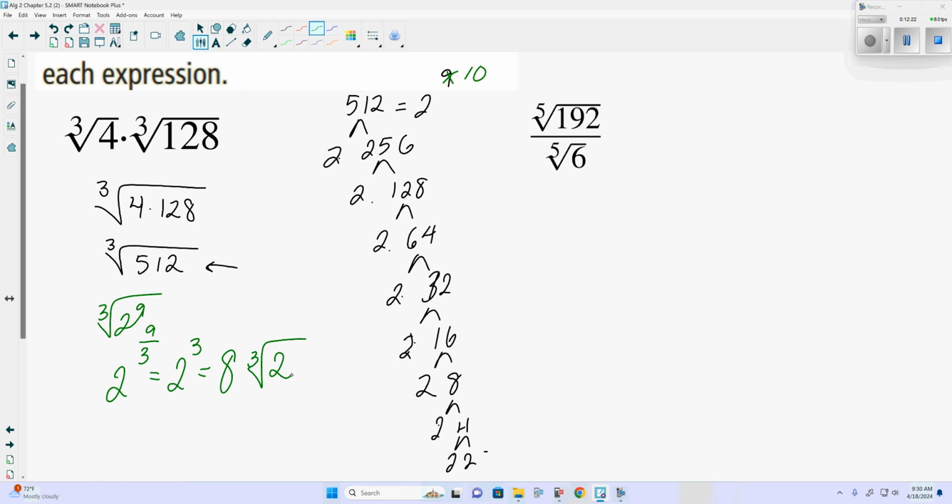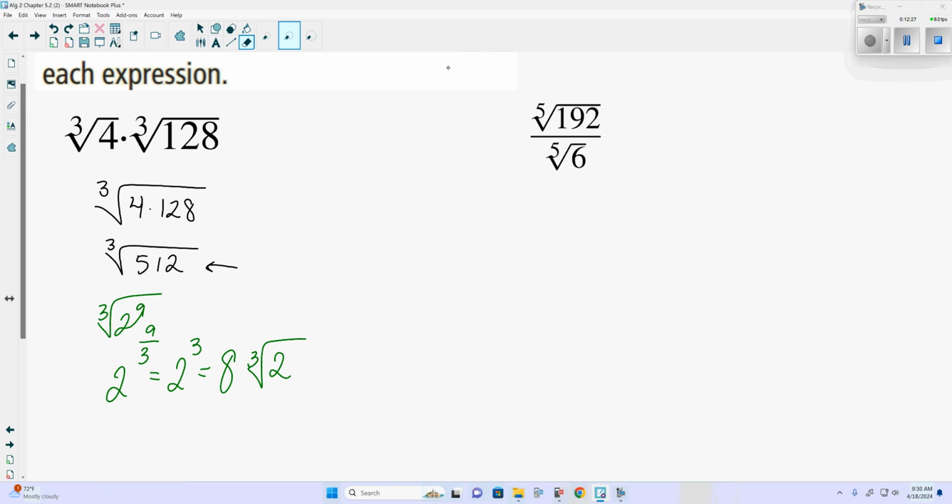Okay. Now again, with the next one, the 5th root of 192 over the 5th root of 6. Do those two divide evenly? So we could do our division step. We could try plugging it in. Here we can divide it because it'd be the same as the 5th root of 192 over 6.